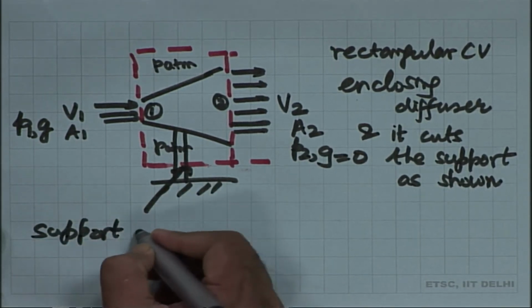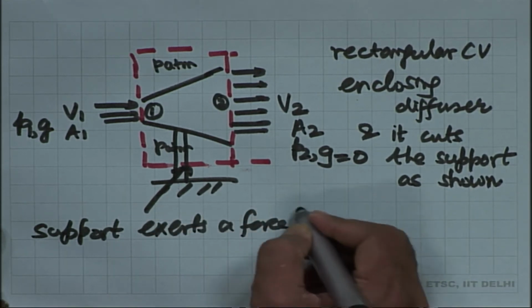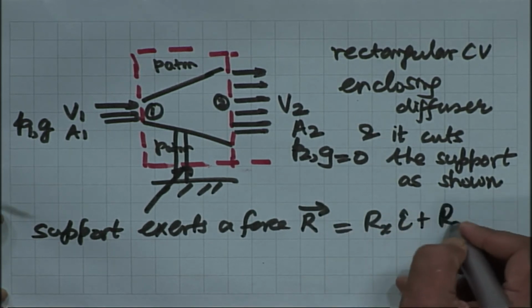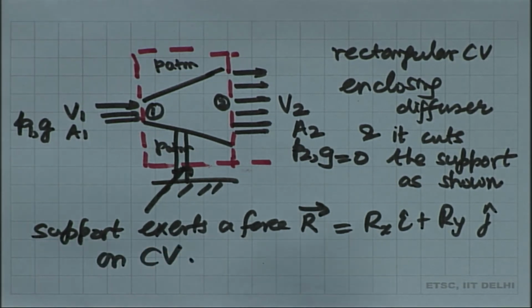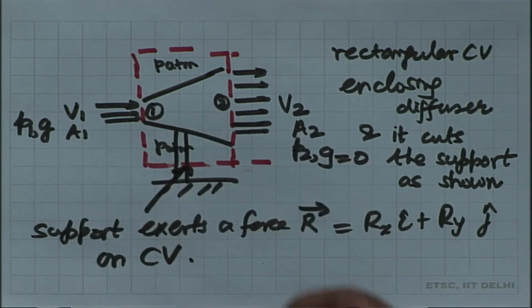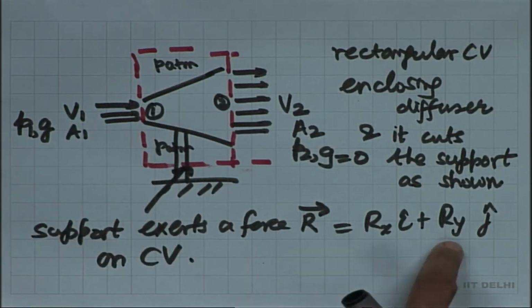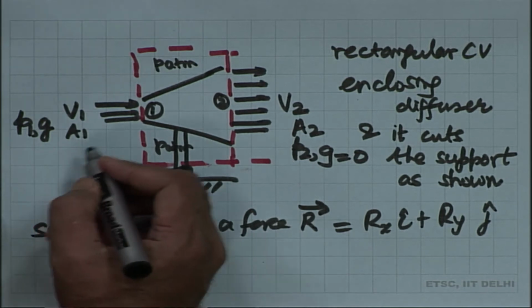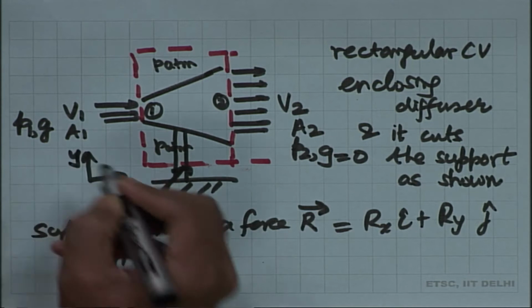So, let us say the support exerts a force R, which I will take as a vector, I can write it as Rx i plus Ry j, on the control volume. When I take a control volume like this, the only cut comes at this point where the support is cut, and therefore, there I have to put an external force. The other thing I do is show my coordinate axes x and y.